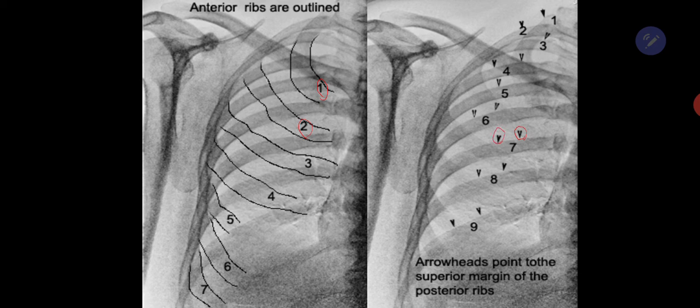So these are the anterior ribs and these are the posterior ribs.